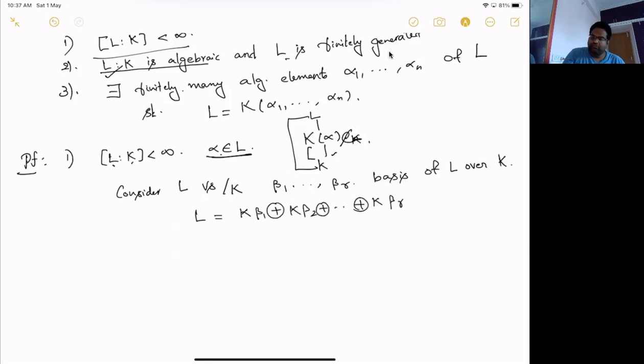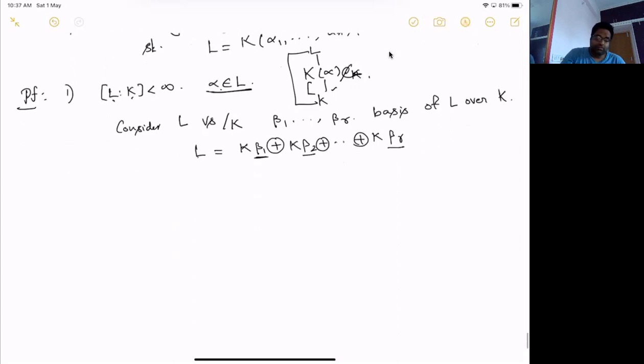That is the definition of a basis. So in particular, L is generated by beta 1, beta 2, up to beta r.